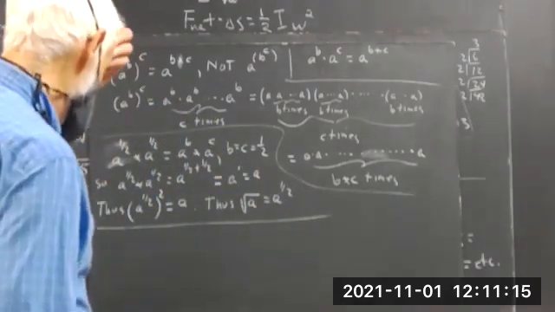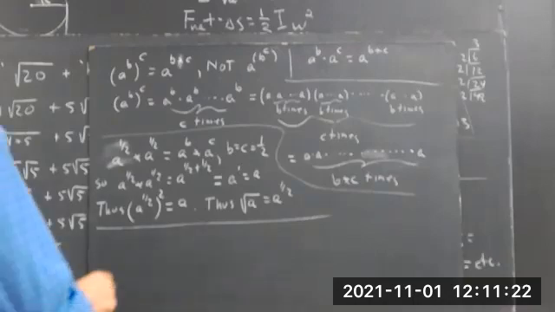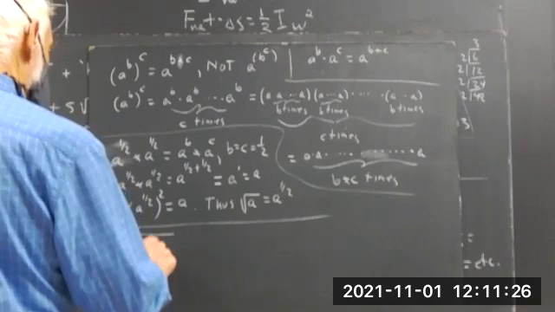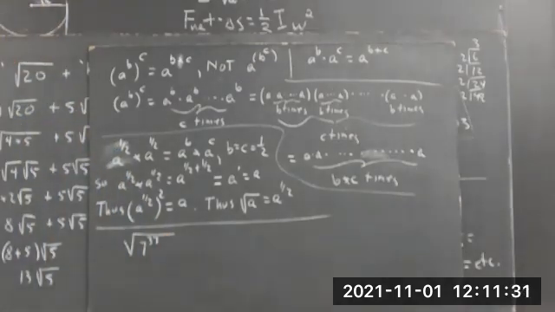Now, let's look at the square root of 7 to the 37.